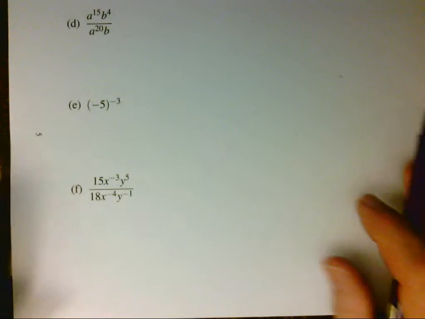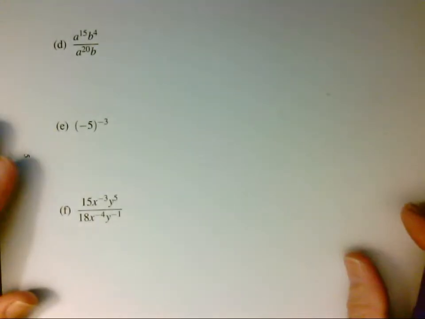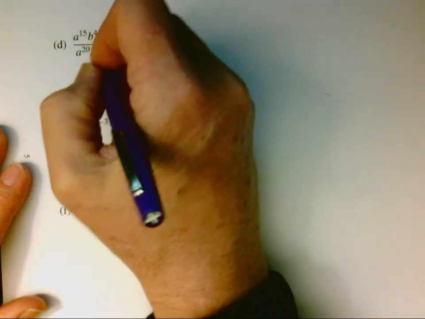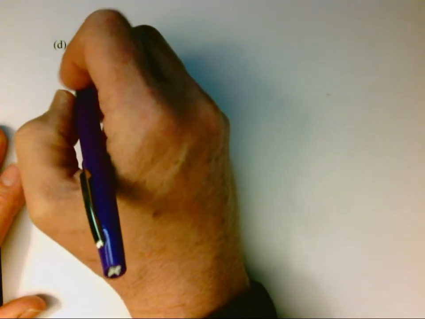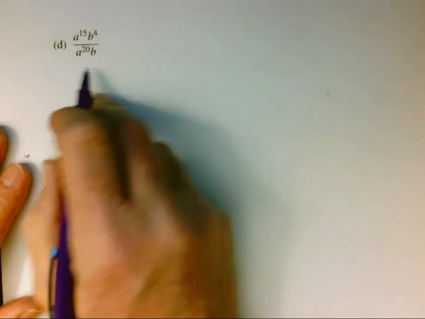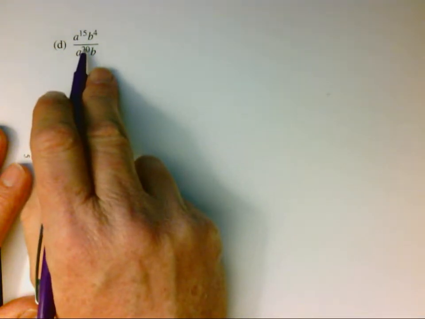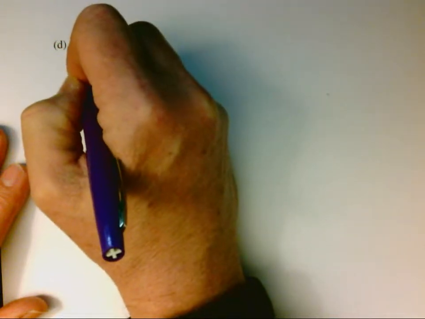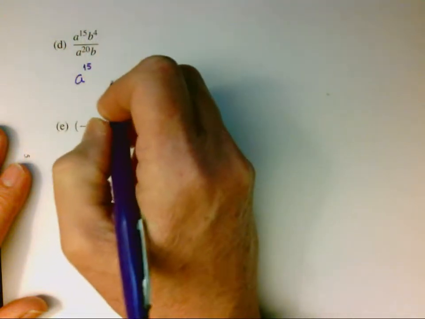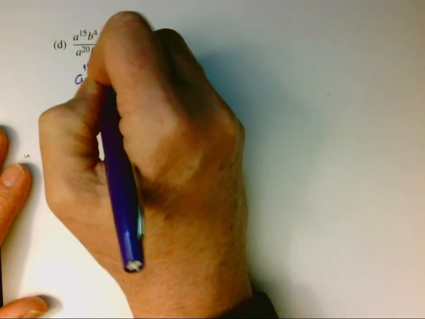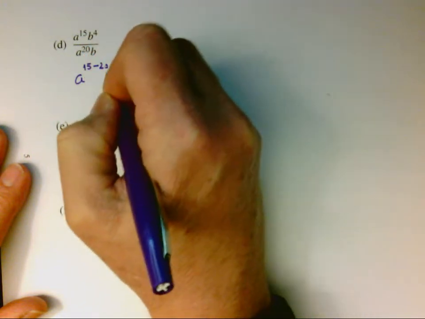Now, here we're dividing. You can approach this division 2 ways. It's going to be a little bit crowded here, so I can simply use the quotient rule with like bases, and I can do a to the 15. Since we're dividing by a to the 20, I would subtract 20.